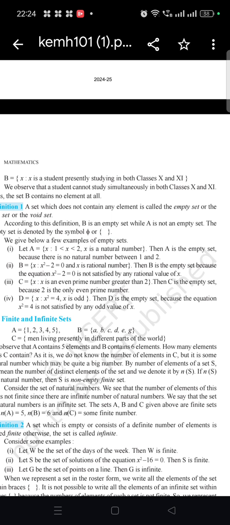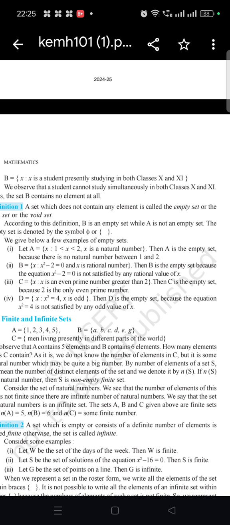Okay, that is empty. And next, D. D is a set where x square is equal to 4 and x is an odd number. So D is empty. Why? Because the equation x square is equal to 4 gives x square is equal to 2 square, x is equal to 2, and it is not satisfied by any odd value of x.